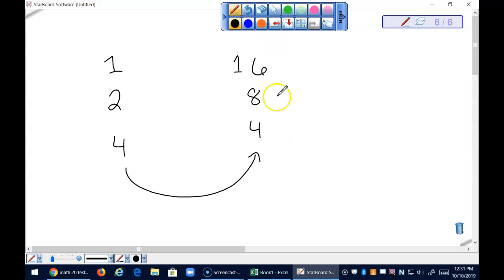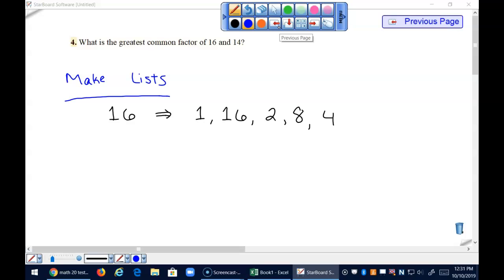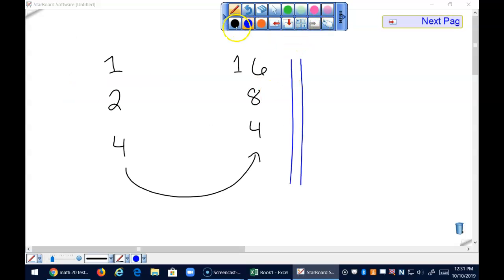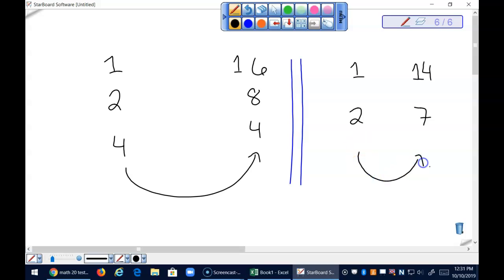Okay, let's also do it with 14. 14 would be even faster. So 1 and 14, does 2 work? Yes. Does 3? No. 4? No. 5? No. 6? No. And I'm back to 7, so I can stop.